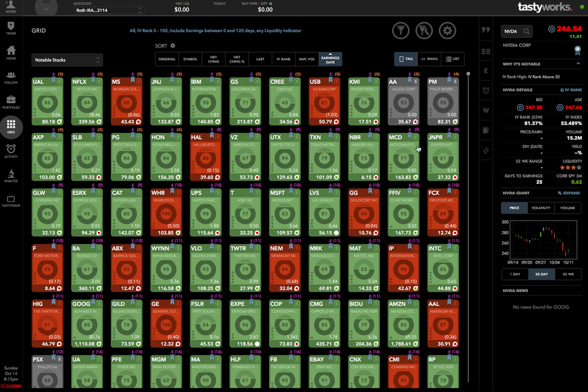Okay, because if I have McDonald's, I want to know, okay, McDonald's has a 71% implied volatility. It has 9 days to earnings. So I know that when I'm going to be buying McDonald's options for the next week or two, I'm going to be paying a higher premium because they have earnings in 9 days. Same thing with Microsoft. McDonald's has 71 implied volatility, and Microsoft has 83% implied volatility. So those are pretty high.